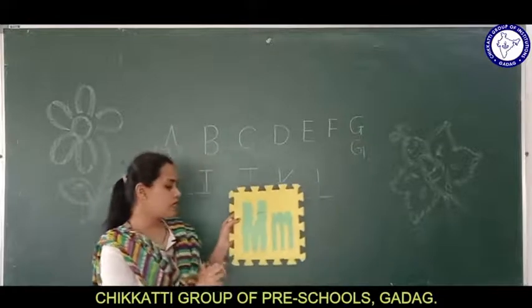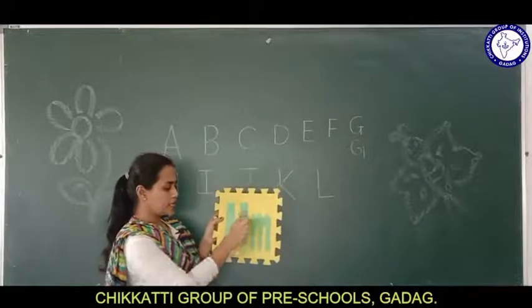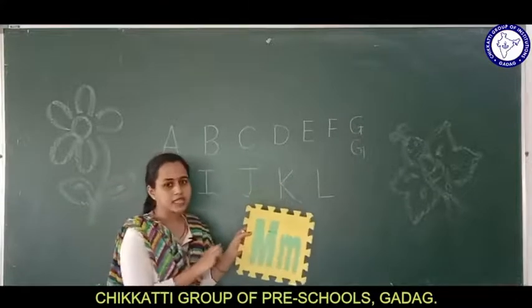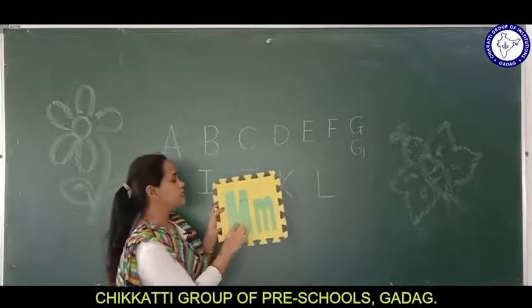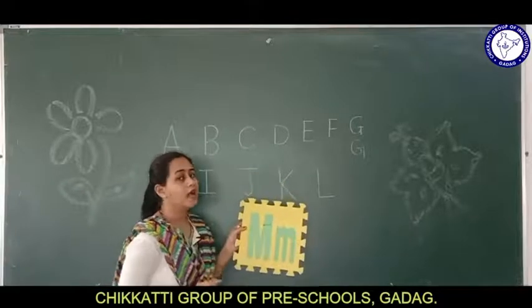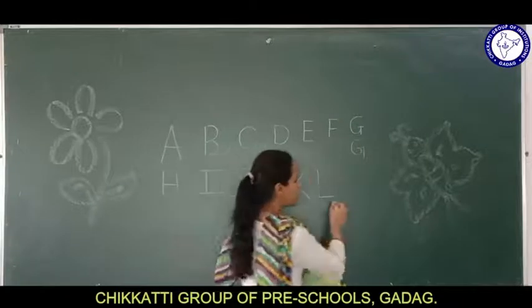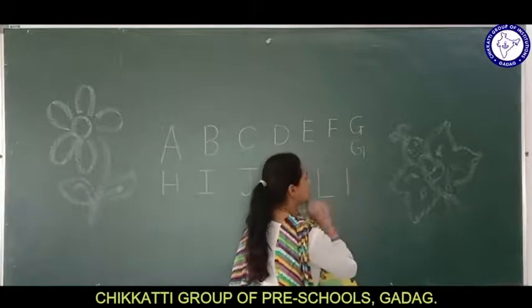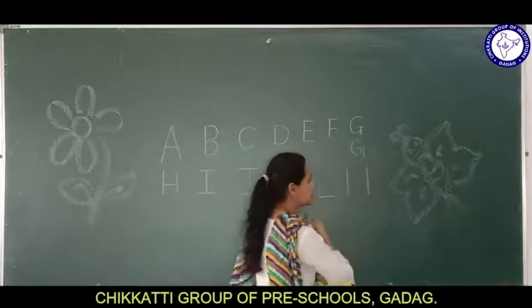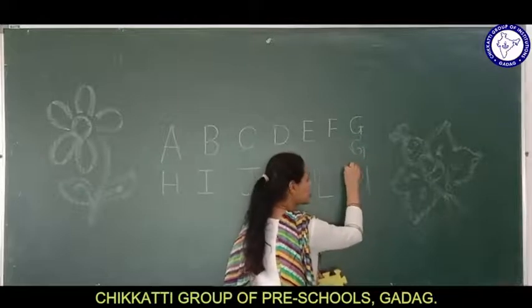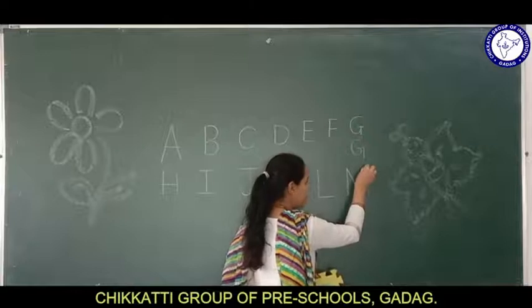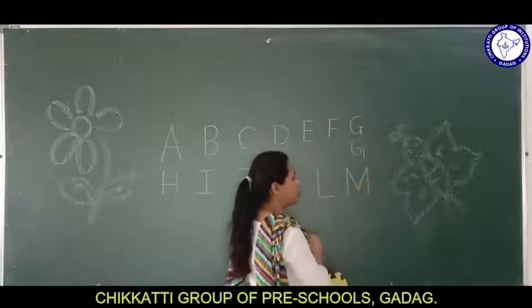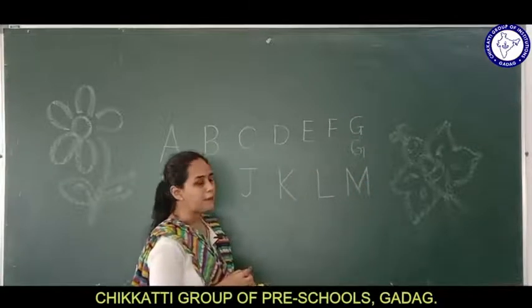Standing line, standing line. Again we'll take a slide. We came down, again climbing up. Standing line, standing line, again we are taking a slide now. From here and from here, it will become M, right?